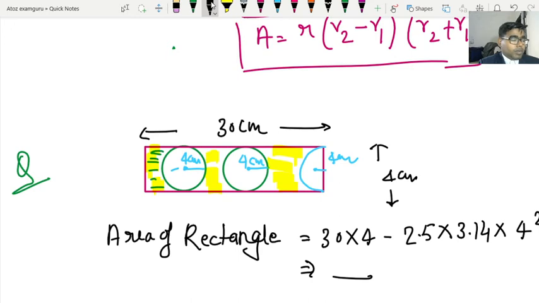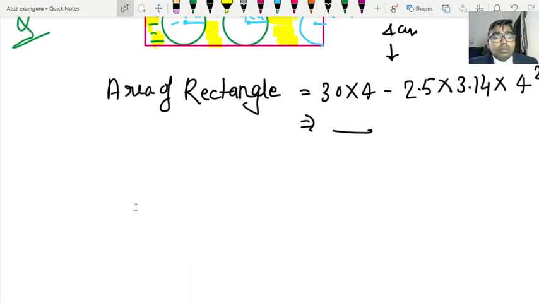Similarly, friends, now let us see one more question. A rectangle is given to us, right friends?